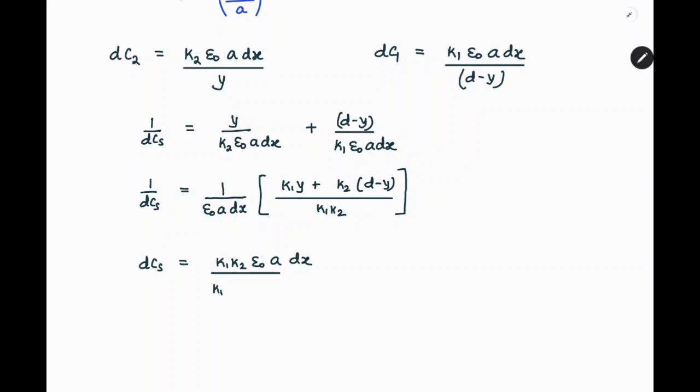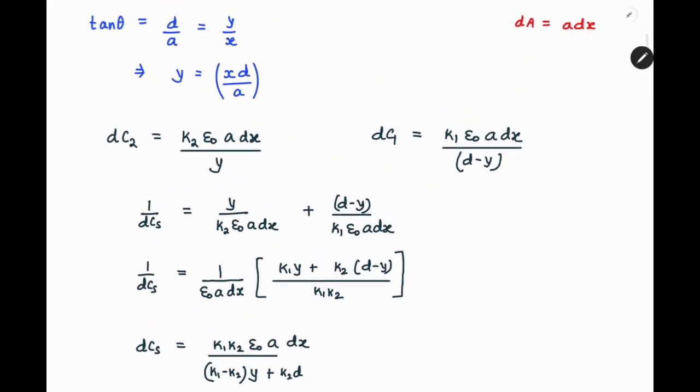So we write it as (K1 minus K2) y plus K2 d. We have an expression like this. Now to solve this, the first approach we can use is to put y in terms of x and then solve the expression, or maybe I can solve for dx.